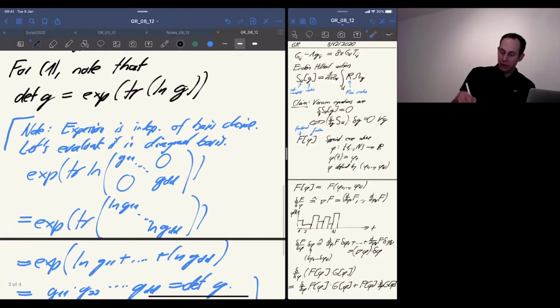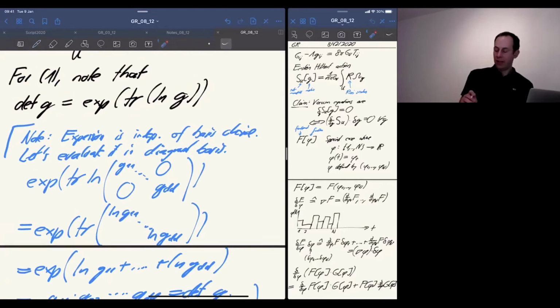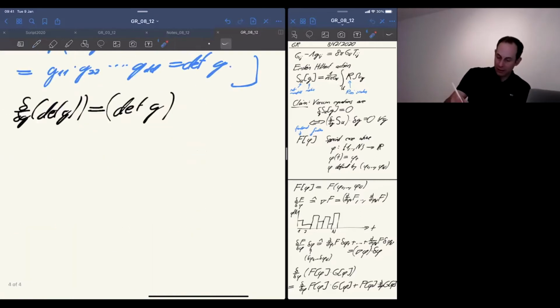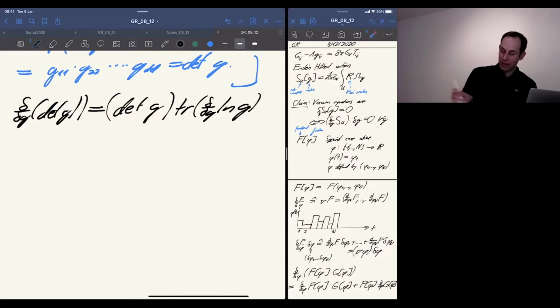Then this trace, we can just write it again inside, because of course the derivative of a trace is still the trace. It's a linear function. We just take the whole thing inside. So we get here the trace of, and then we still have to take the inner derivative, which is delta to the delta G of the logarithm of the matrix G. So that we still have to do.